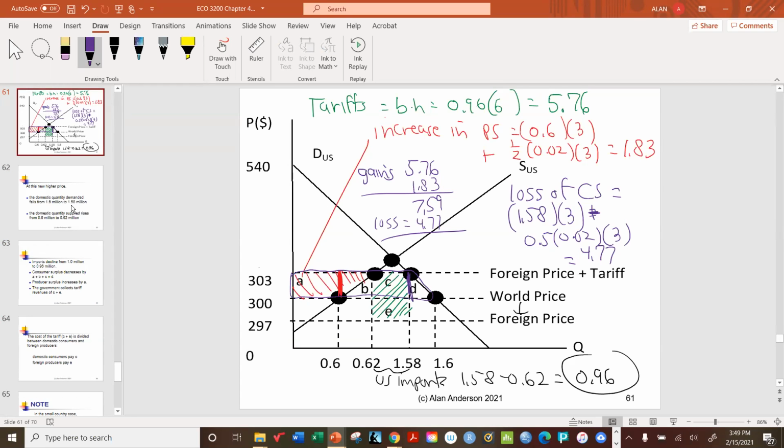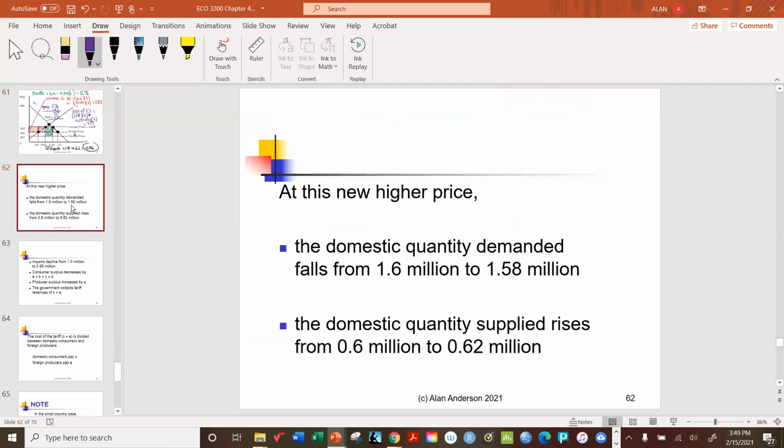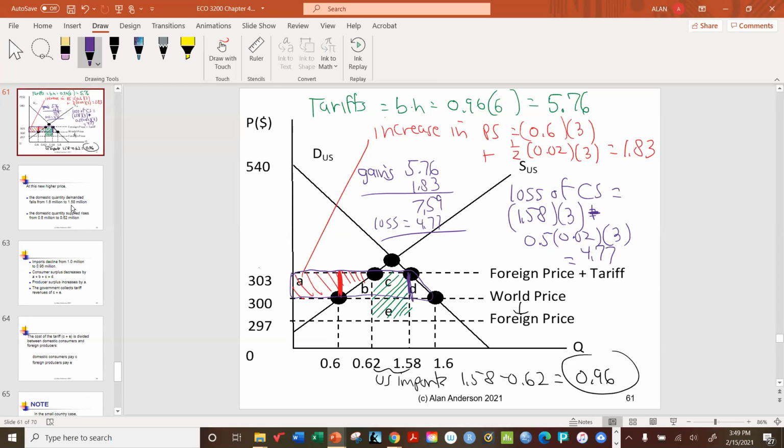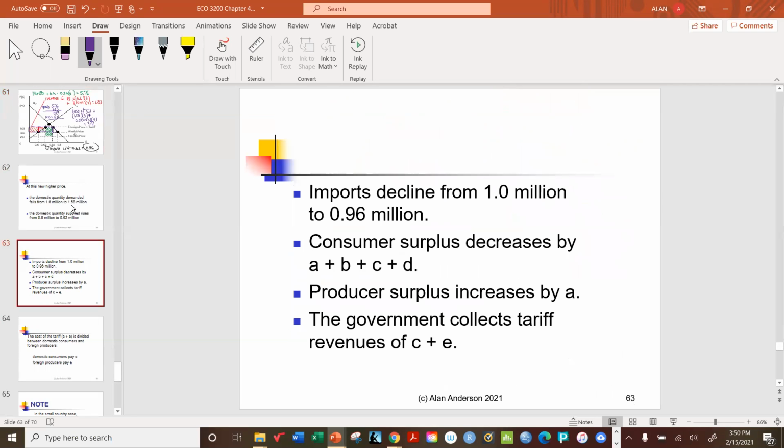So yeah, consumer surplus goes down, A, B, C, D. Producer surplus goes up by A, right? And then tariffs are C plus E.